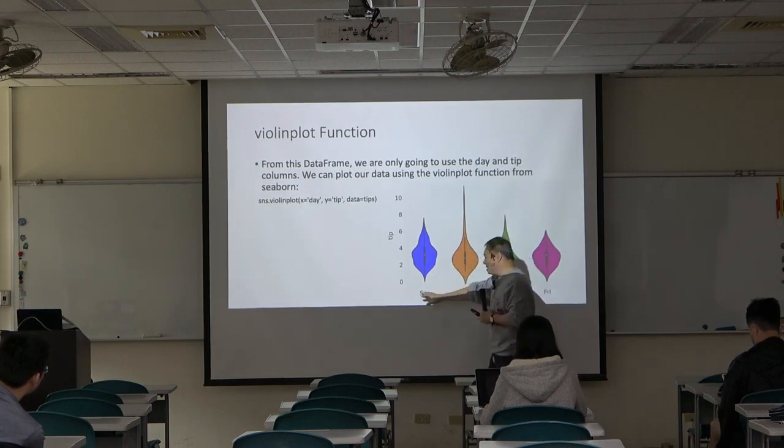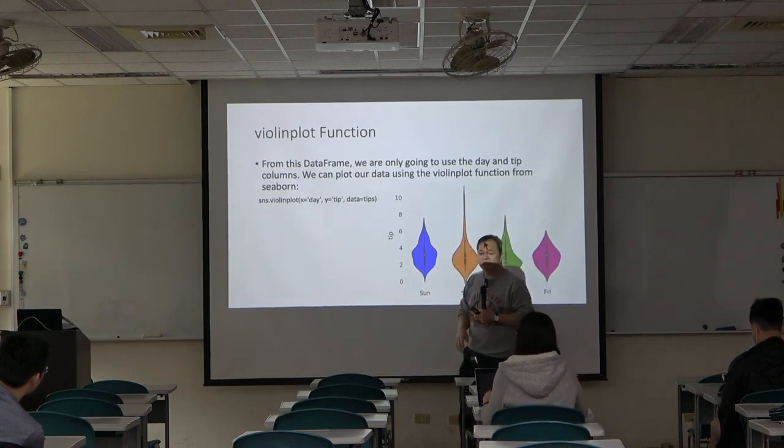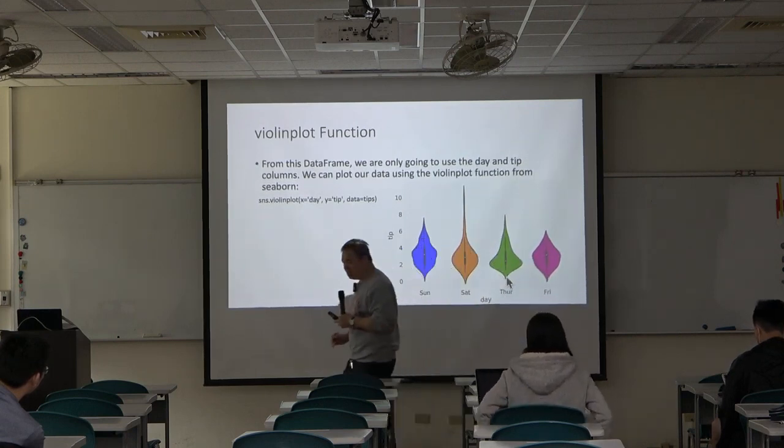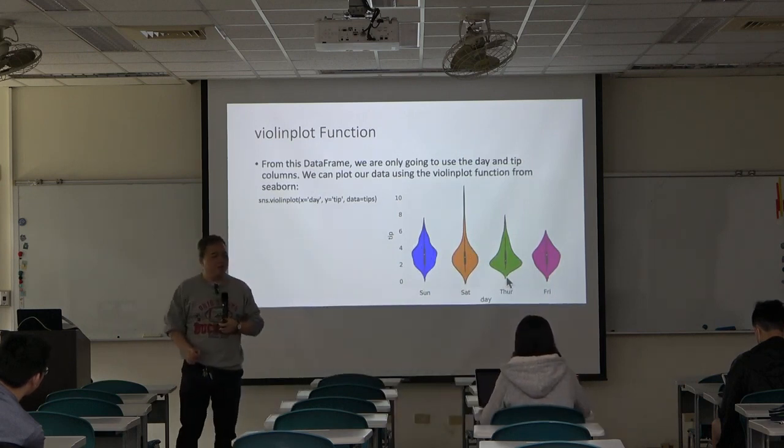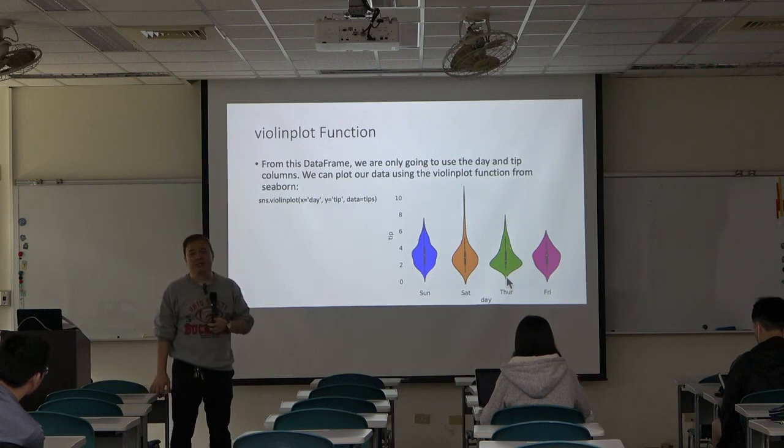And for Sunday, because Monday is a weekday, a lot of people do not go out for dinner, so the tipping pattern will change on Sunday. The tipping pattern between Saturday and Sunday is a lot of times different.